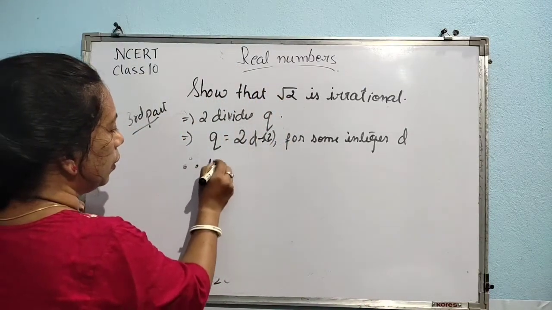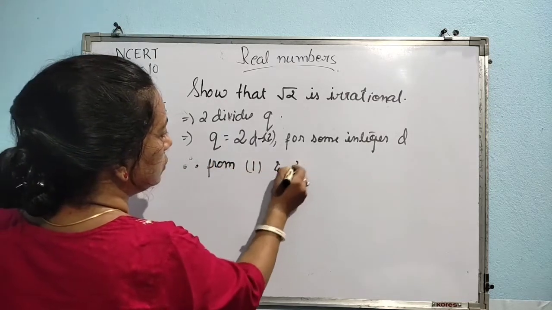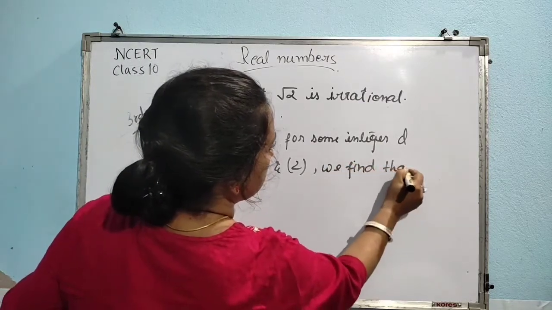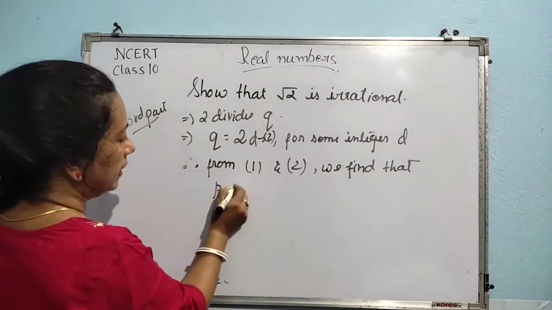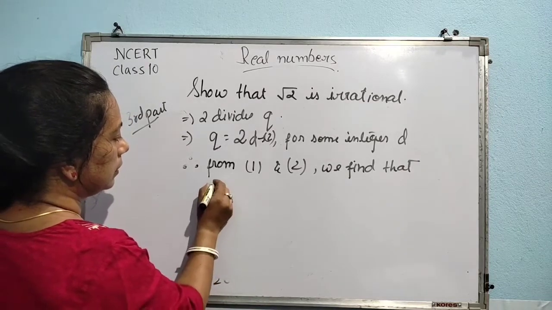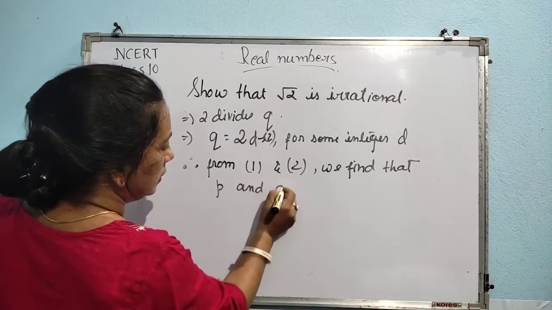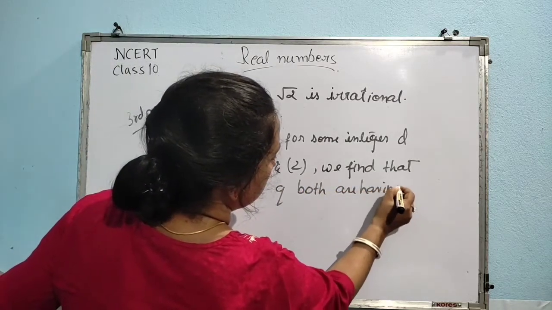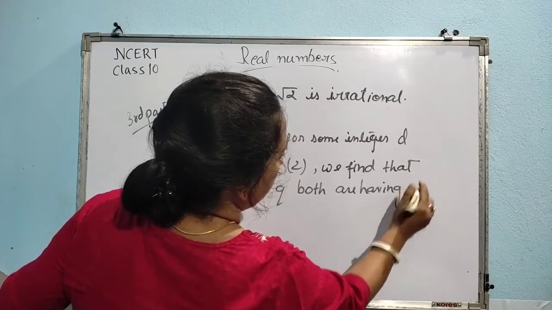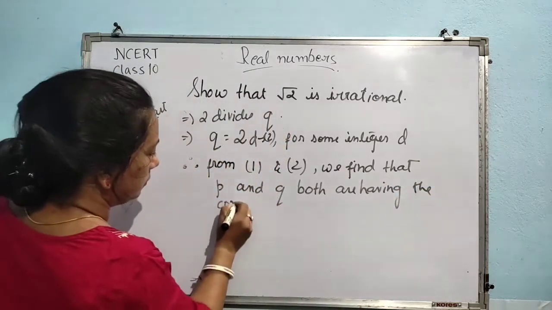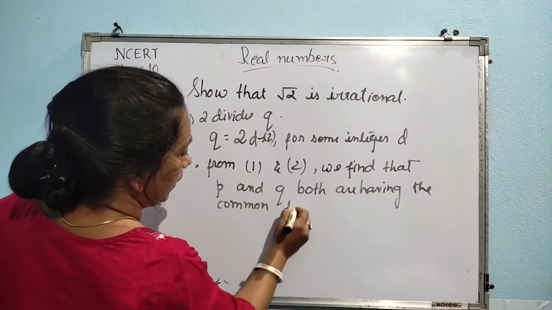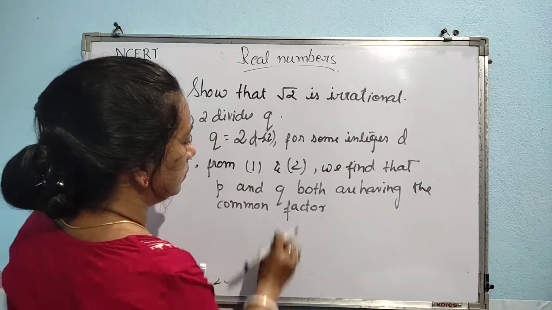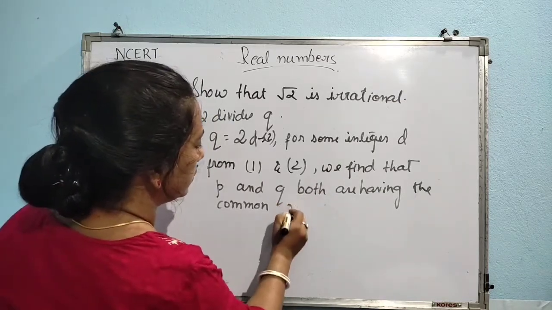Therefore, from 1 and 2 we find that P and Q both are having the common prime factor we can write, isn't it?